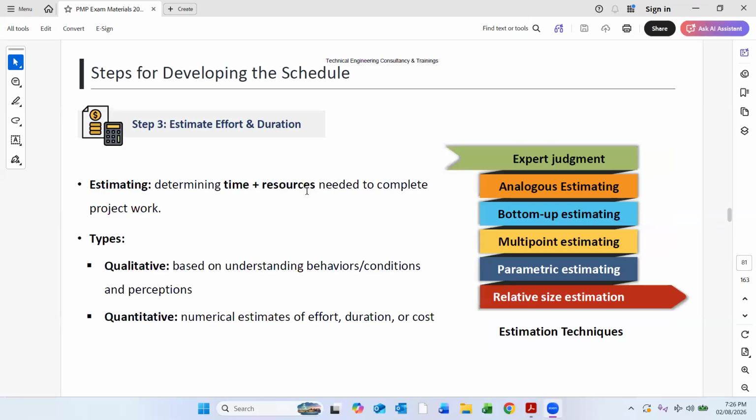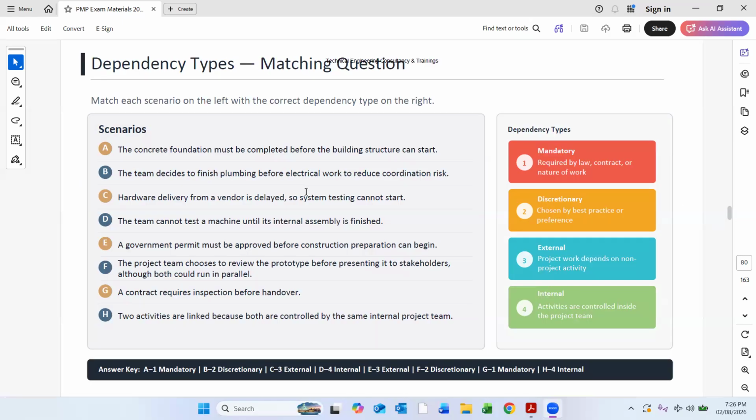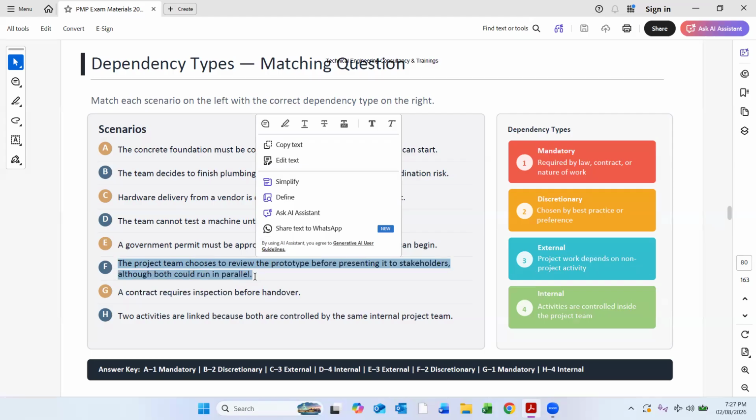Now, steps for delivering a schedule. Okay, you have some question? Yes, for F, the project team decision, right? It's kind of project team controlling, so why is it coming under discretionary, number two?